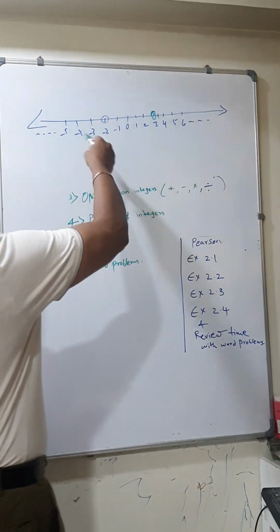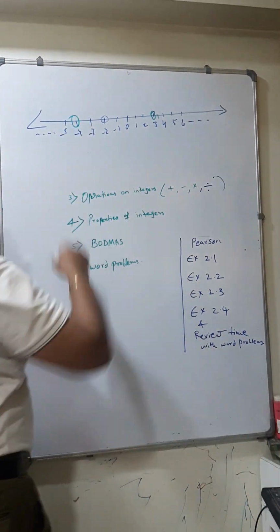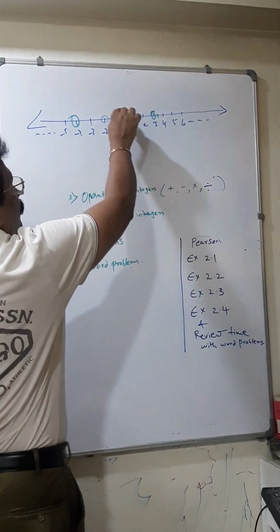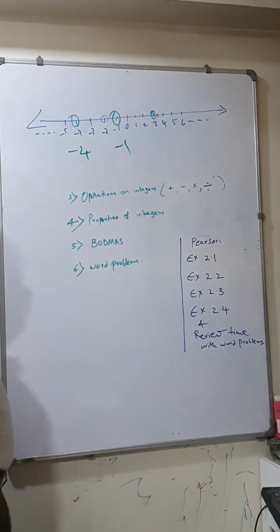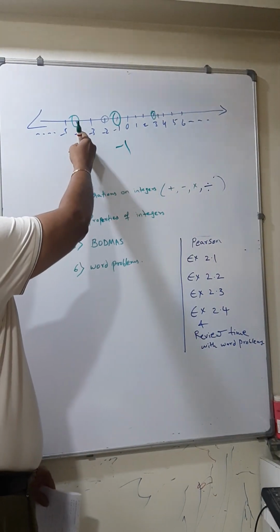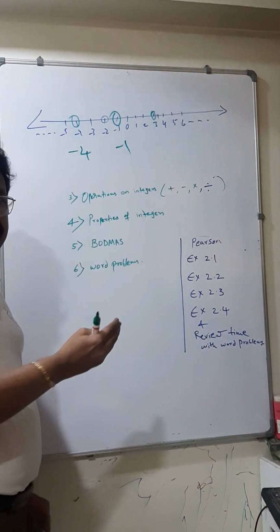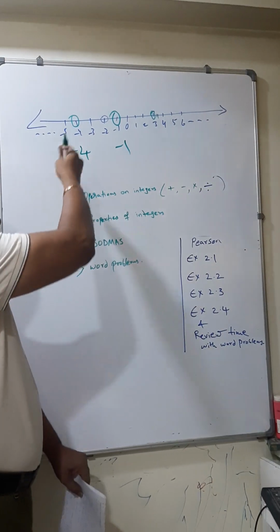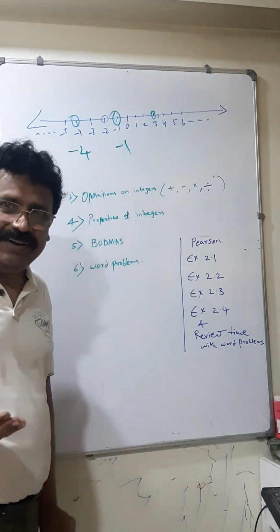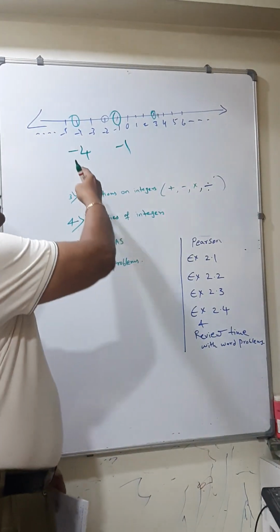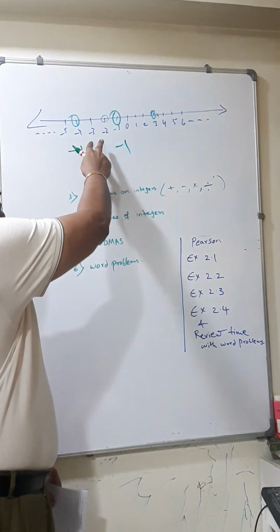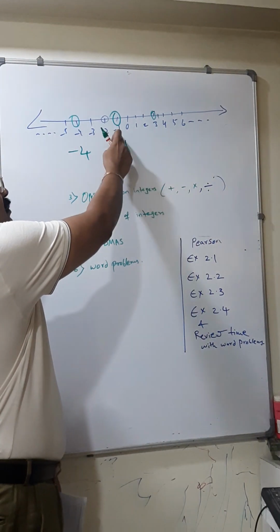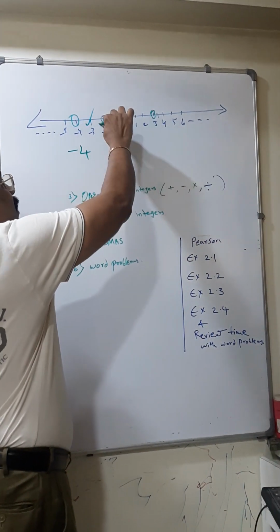Say for example, minus 4 and minus 1 are non-consecutive integers because ये बाजू में नहीं है. Minus 4 का next door neighbor is minus 3 or minus 5. Now minus 4 and minus 1 are not consecutive. There are some integers between them. What are they? Minus 3 and minus 2.